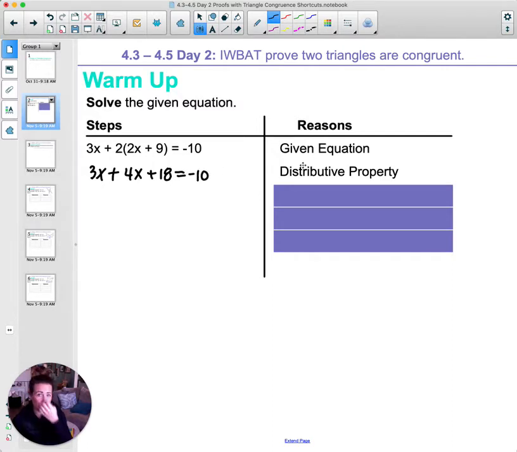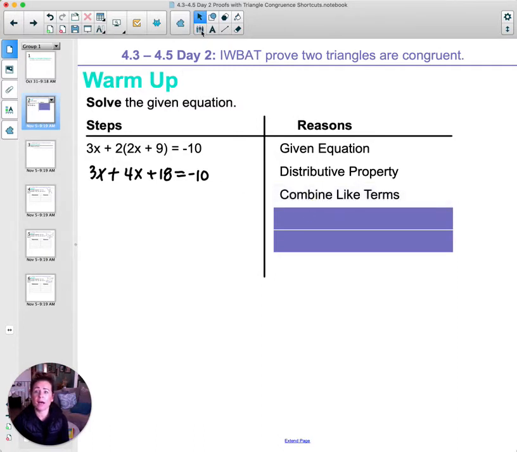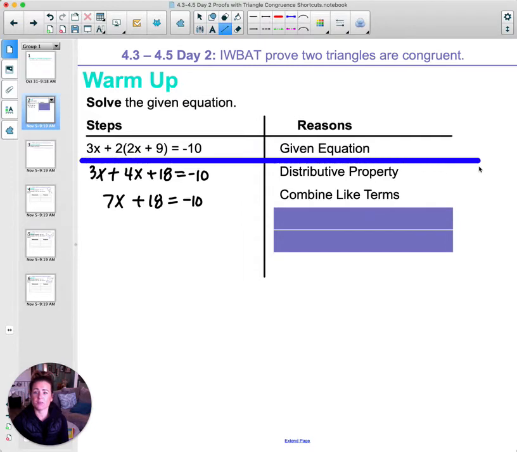All we did in this step was the distributive property. Next, we would combine our like terms. Our like terms are the 3x and the 4x here. So that would be 7x plus 18 equals negative 10. You can kind of see that these are just being split up. Each step has a reason that goes with it.